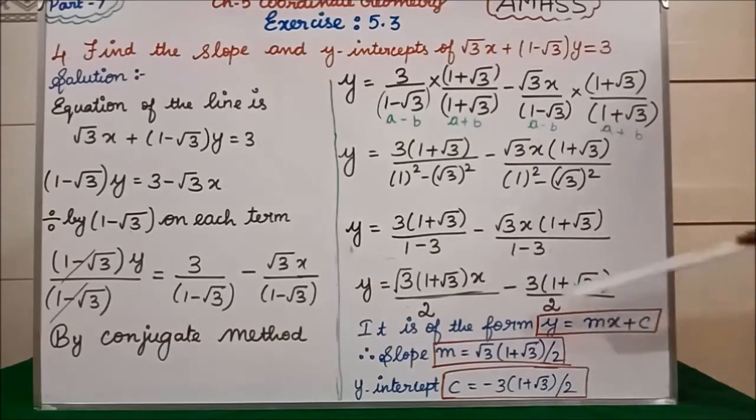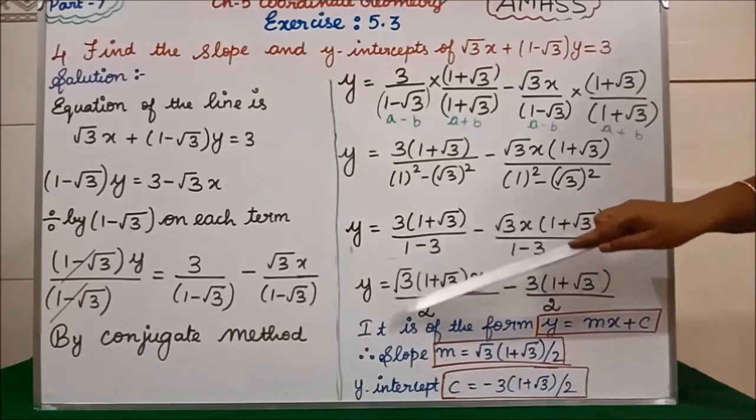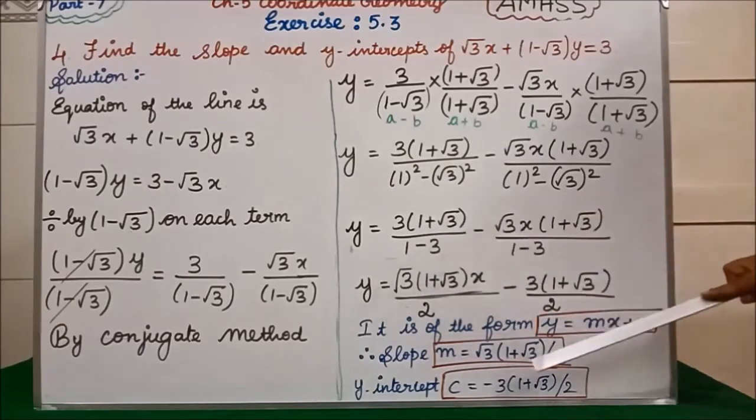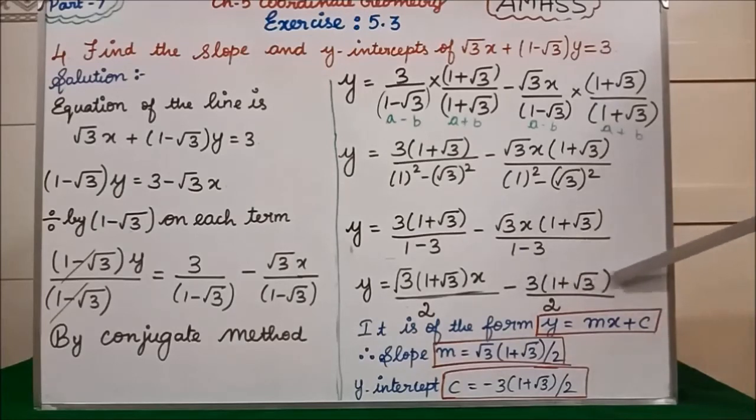So in the place of m, leave this x alone. In the place of m, what value are we having? Root 3 into 1 plus root 3 divided by 2. Here in the place of c, what value are we having? 3 into 1 plus root 3 divided by 2. Here minus, this minus also you have to include, because in the formula we are having plus c, but if you see the c value we are having minus.